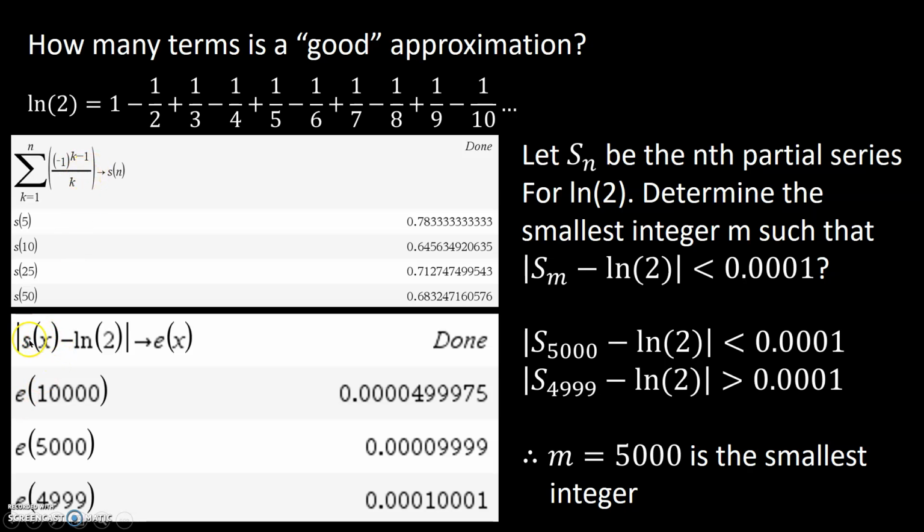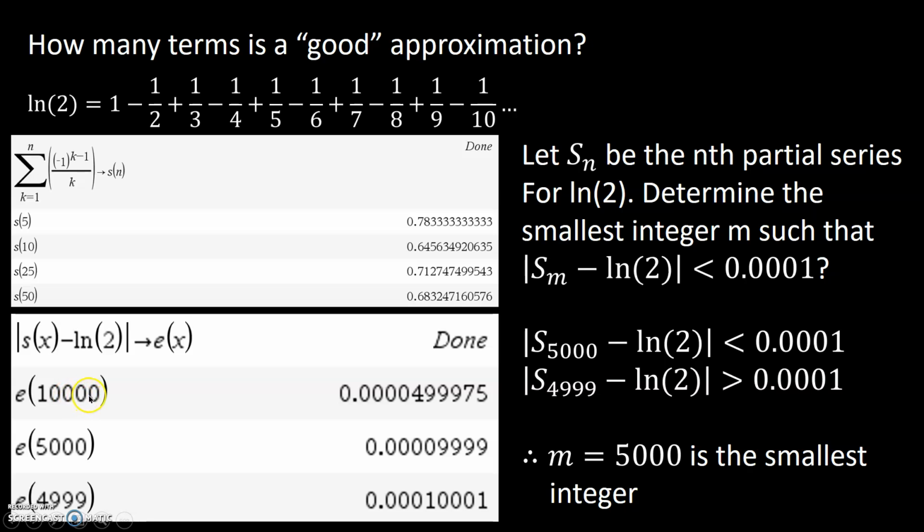So if I were to go x terms out, what is the error to the actual value of natural log 2? And if we were to go 10,000 terms out, the 10,000th partial sum, we would have an error of this, which is not very accurate. We're not even to 6 or 7 decimal places of accuracy, and we've used a lot of computational power.